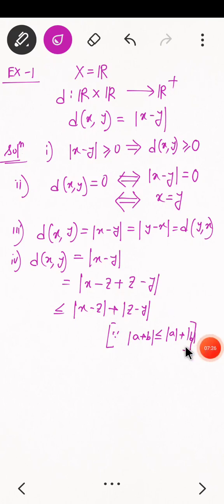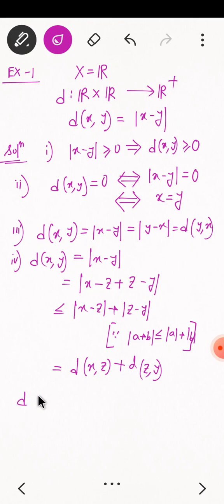So we have mod of x minus y less or equal to D of xz plus D of zy. That is, D satisfies the four conditions, so D is a metric on R. We call this metric the usual or standard metric on R.